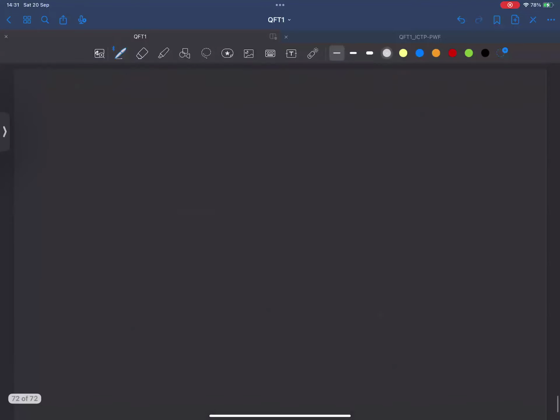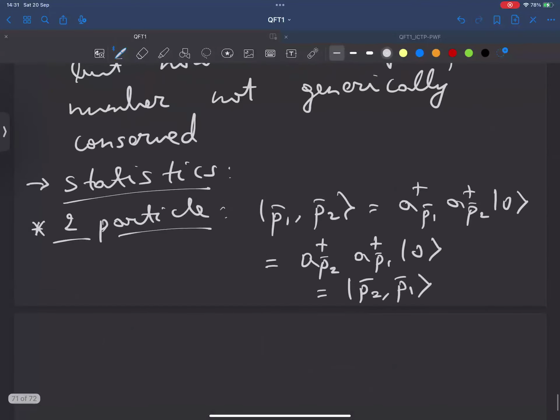So you see that because of the commutation relation that we had, and because the dagger operators commute, that's why we get that P1, P2 is P2, P1. So if you exchange two ladder operators, or if you exchange two particles, you essentially get back the same state.